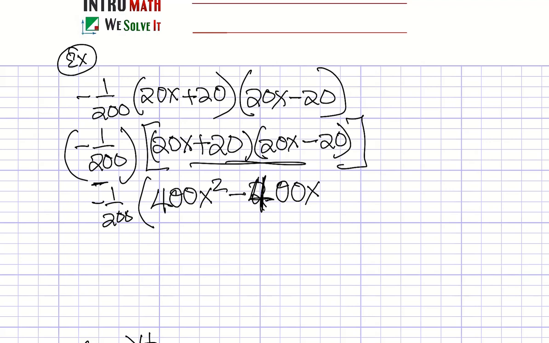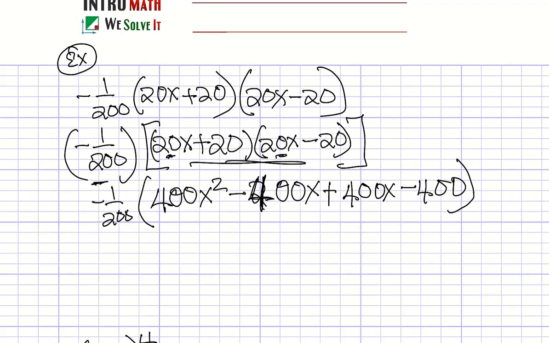20 times 20x. Okay, it will be 400x, and then 20 times minus 20, negative 20, will be negative 400. You see that, right? I hope I did it right. Okay, so you take that, you multiply that, you get that. And you take this one, you multiply that.